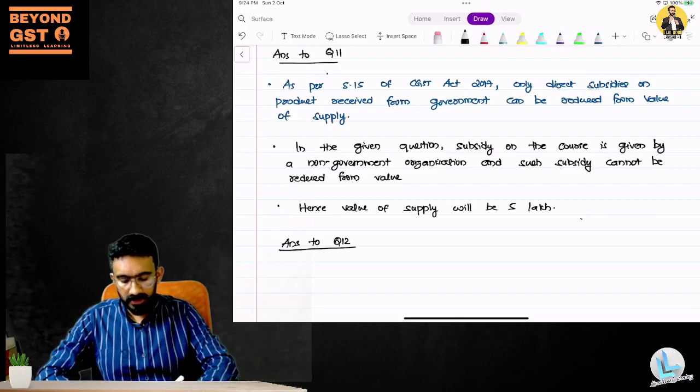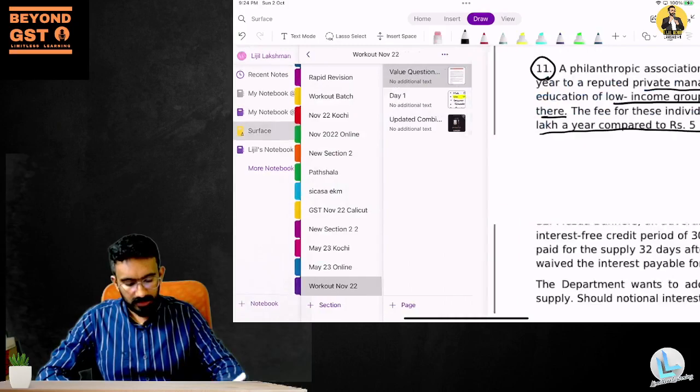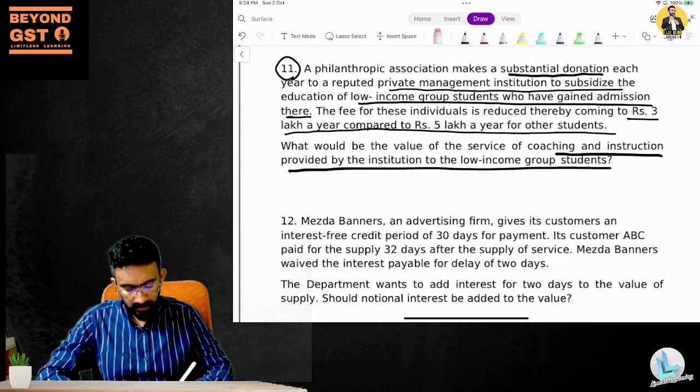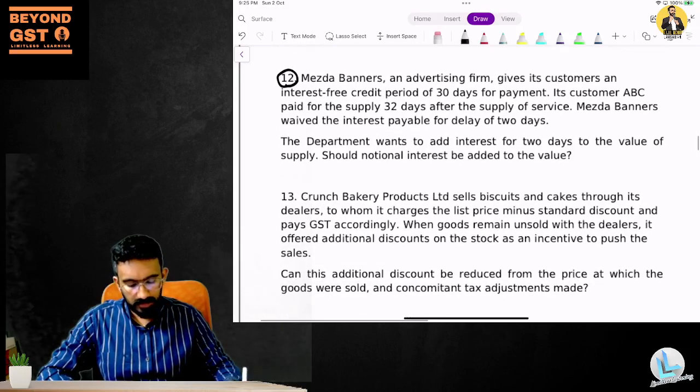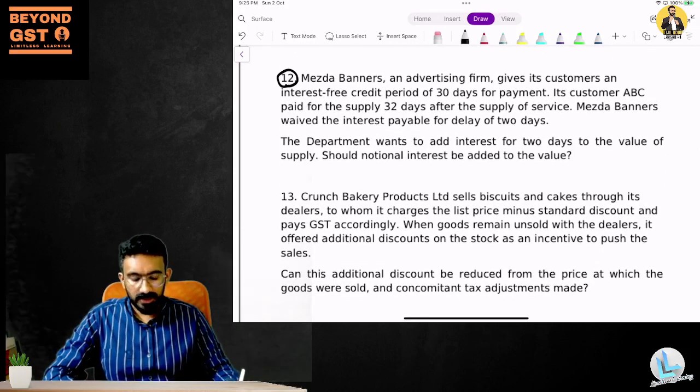Okay, now let's look at the next question. Mazda Banners, an advertising firm, gives its customers an interest-free credit period of 30 days for payment. Its customer ABC paid for supply 32 days after the supply of service.